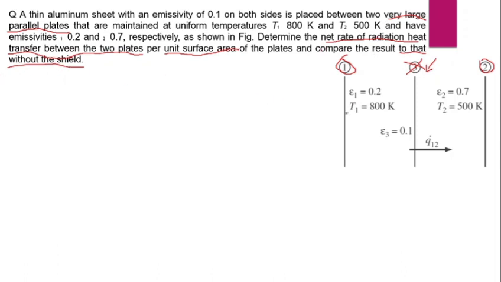So first we are going to use the simple formula, that is Q is equal to EB1 minus EB2 divided by total resistance, right?